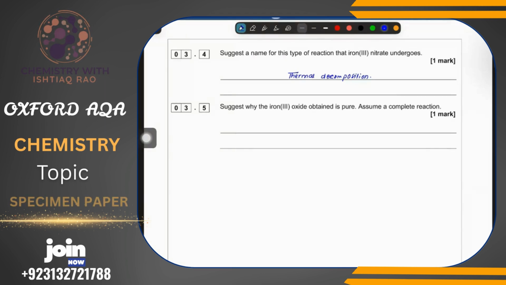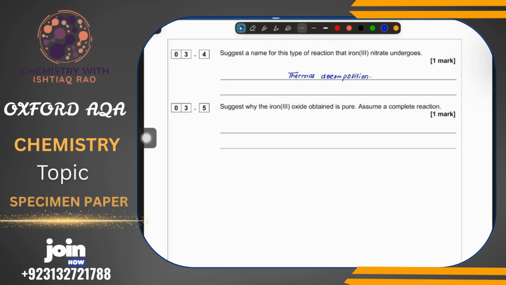No. Basically, from the gaseous products, it would be very easy to separate the solid. If you have more than two solids, it would be difficult to separate them out, and there might be some impurities, as the sample would be mixed together.